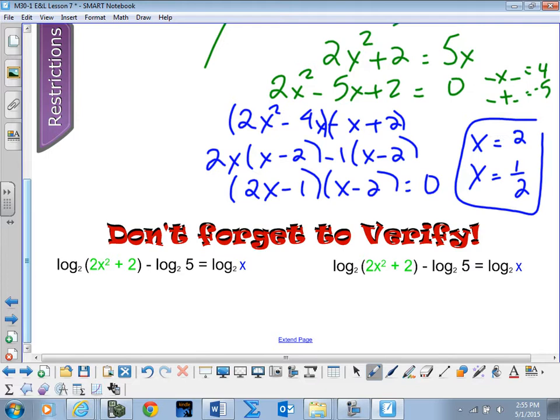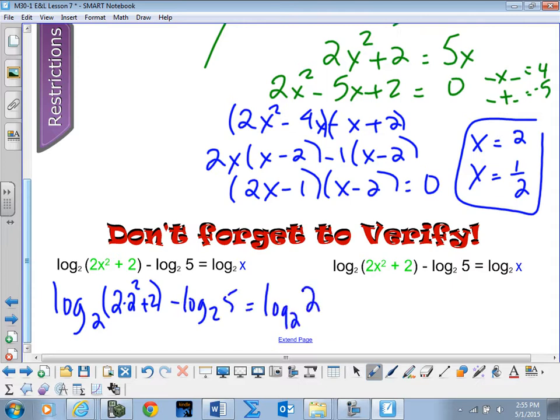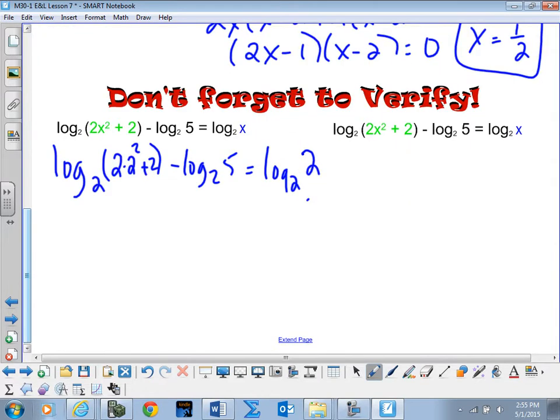If we put 2 in here, that's going to be 2 times 2 squared plus 2. Well, we know this side is going to be 1. Log base 2 of 2 is 1.